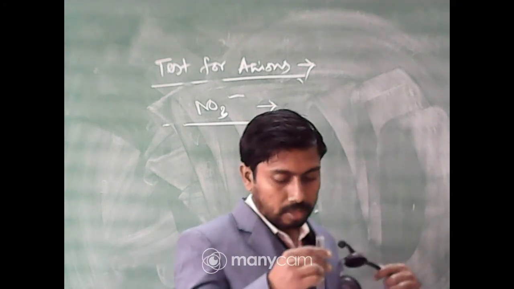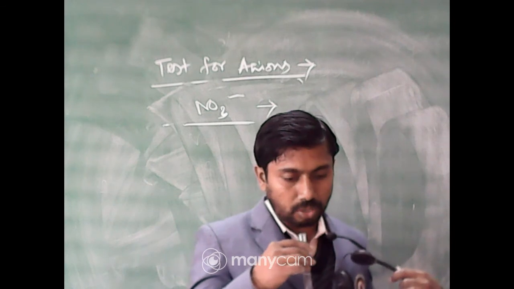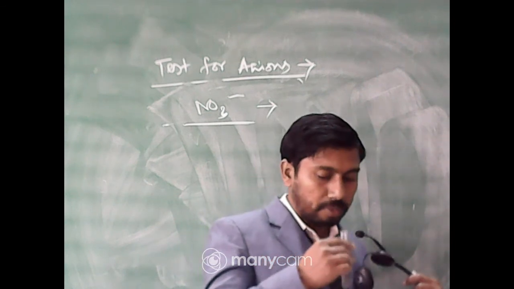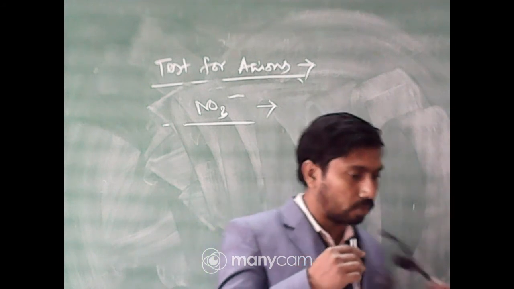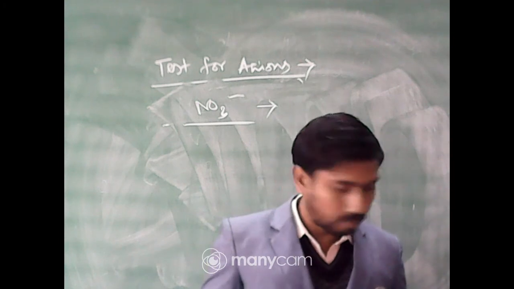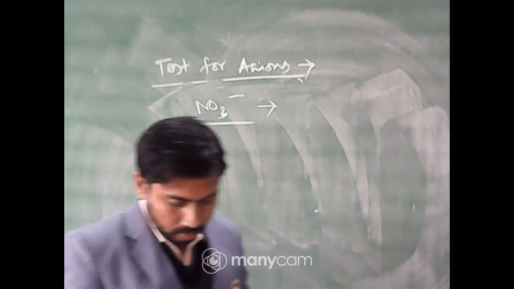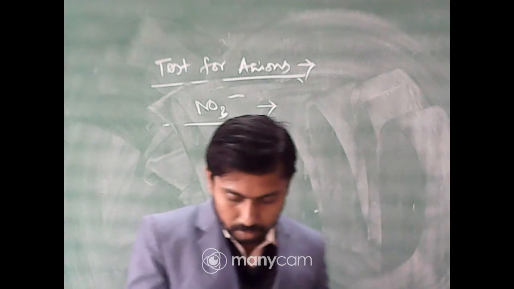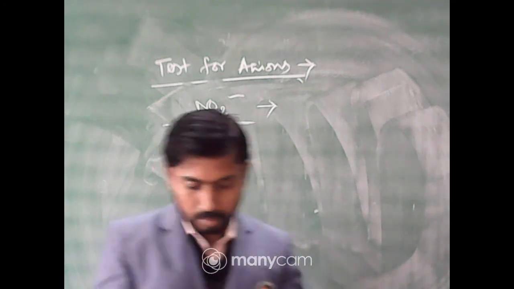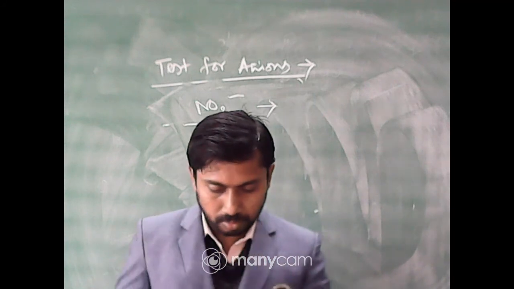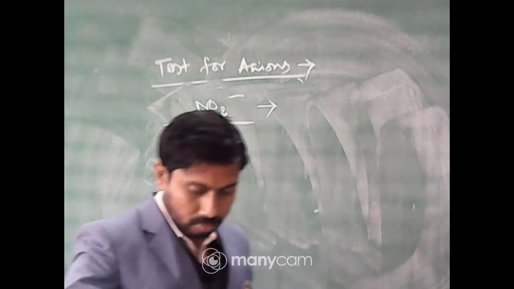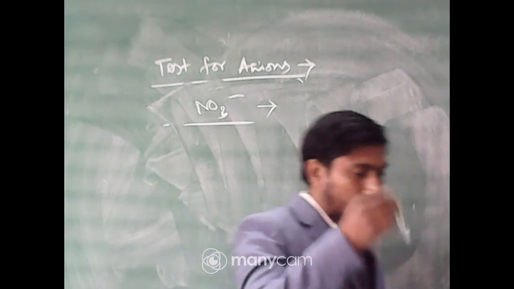Take some part in a test tube, then add ferrous sulphate and then concentrated H2SO4 by the wall of the test tube, and the brown ring will be formed. So look at this experiment now. Ferrous sulphate is added.